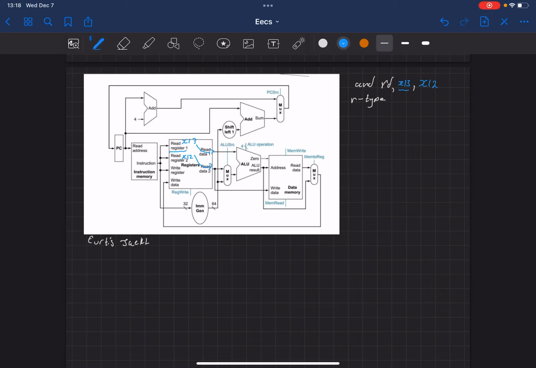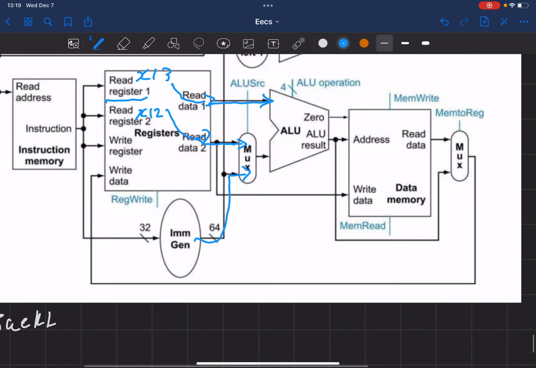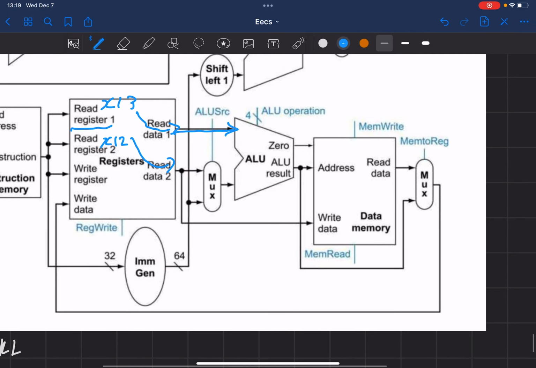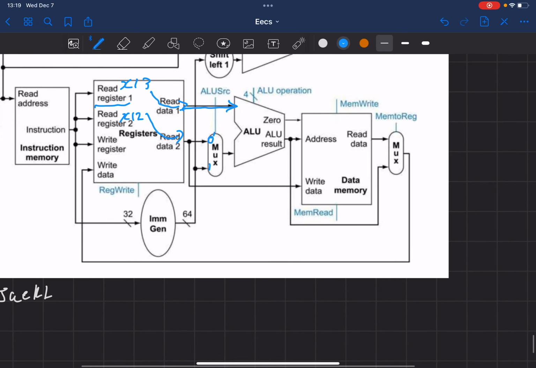So we have these two binary bits going along, and X13 is going to go straight into the ALU, but notice register 2 goes to this mux. And what else goes to this mux? Well, the immediate generator. Now, the one specifically that you guys are reading has a 0 and a 1 here. Notice that it's blue, so we have a control signal there.